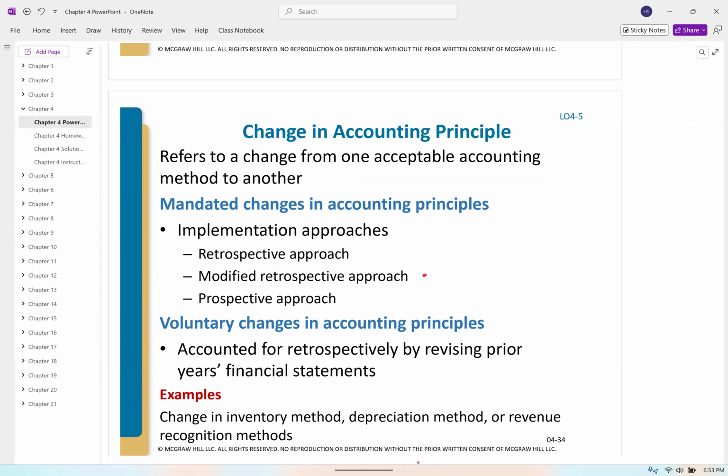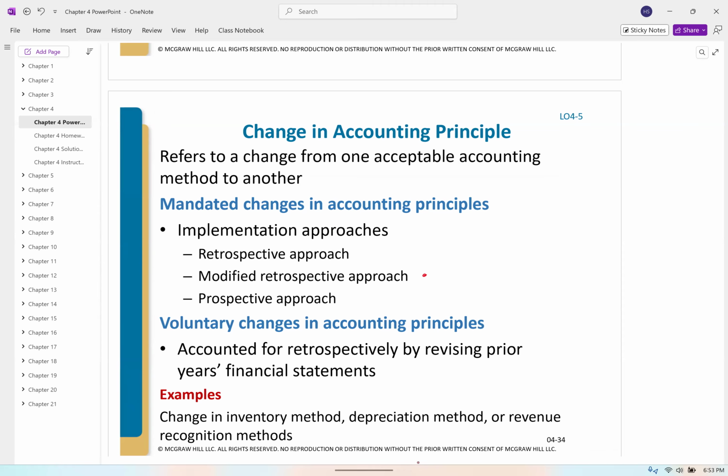There can be voluntary changes in accounting principles accounted for retrospectively by revising prior years' financial statements. These could be inventory method, depreciation method, or revenue recognition method. Sometimes GAAP changes and you're forced as the company to change to meet GAAP standards.